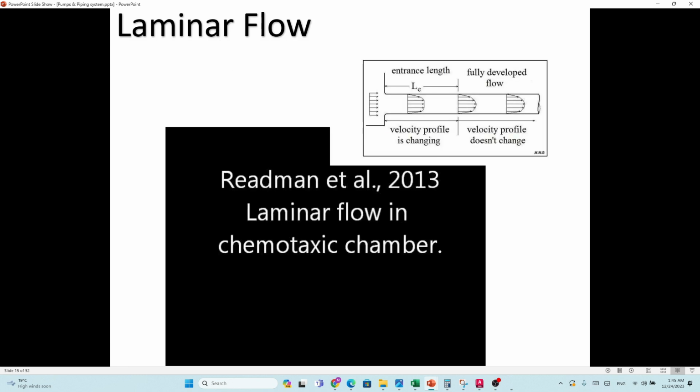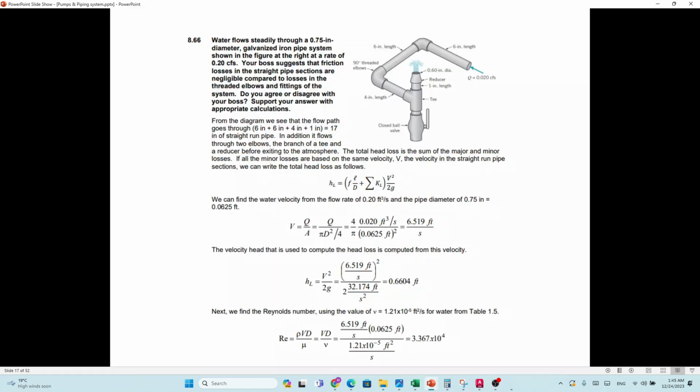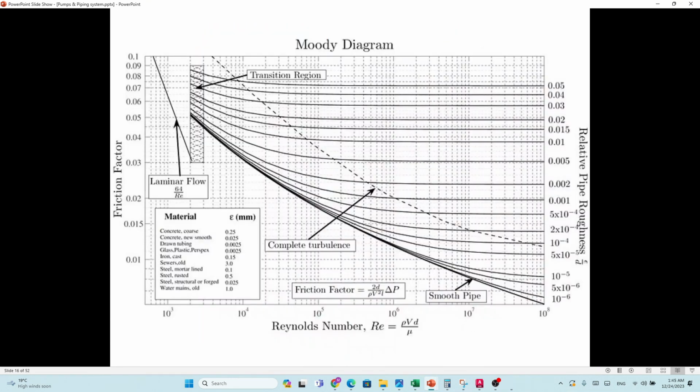Okay, and how do we calculate whether we have a laminar flow or turbulent flow? By this simple formula, a dimensionless number, the Reynolds number, and the formula is rho V D upon mu. You get this value. If you have a Reynolds number less than 2300, the flow is laminar. The friction factor behavior is linear with respect to relative pipe roughness.